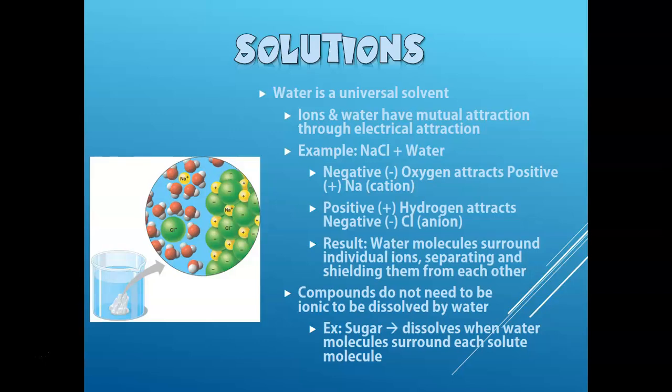Anything polar means it's like water, which is also polar, and so they have those positive and negative charges, partial positives, partial negatives, to also get attracted to those water molecules, and something very similar is going to happen here, but rather than it being individual ions that get separated, they're individual whole sugar molecules that get separated and shielded from each other.